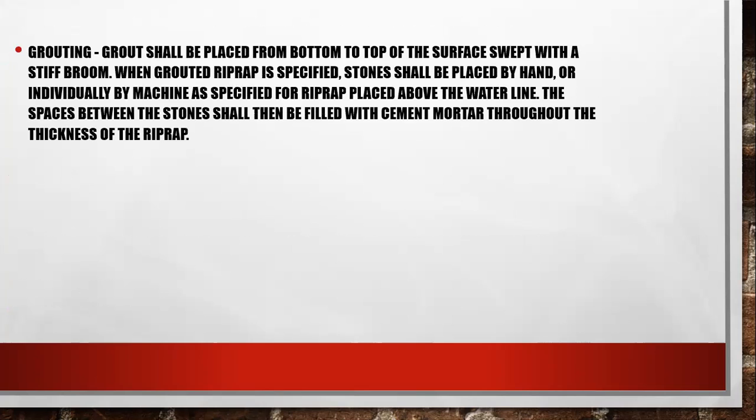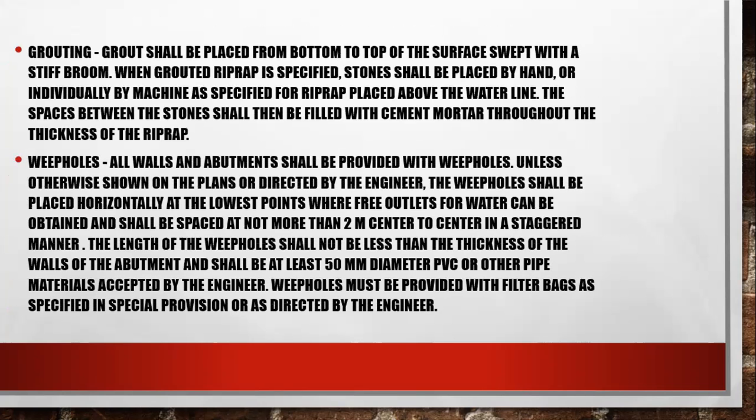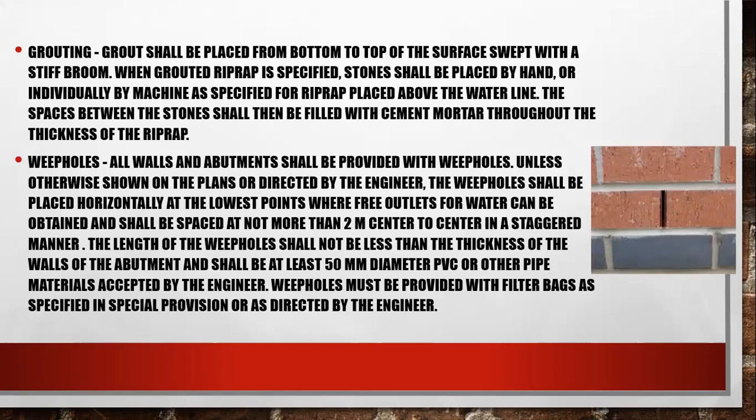Next are weep holes, for grouted riprap. An example is that. All walls and the like shall be provided with weep holes unless otherwise shown in the plans or directed by the engineer.